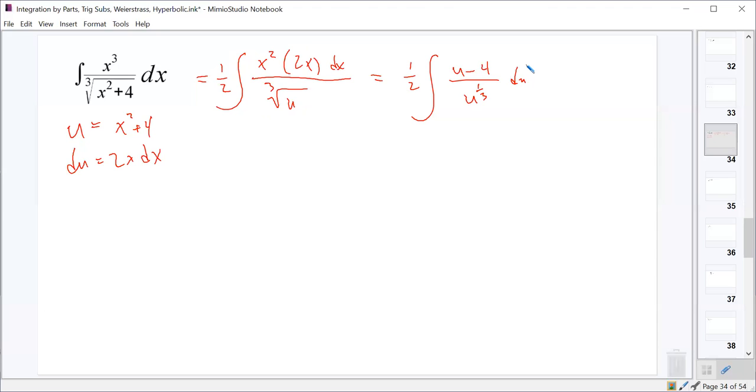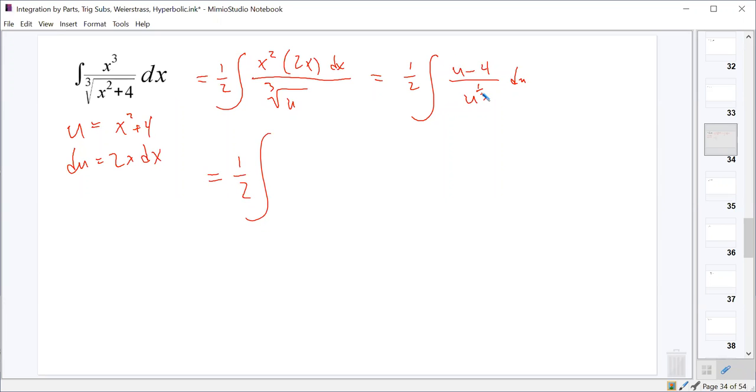All right, so how am I going to deal with 1/2 of u minus 4 over u to the 1/3 du? How do we integrate that?